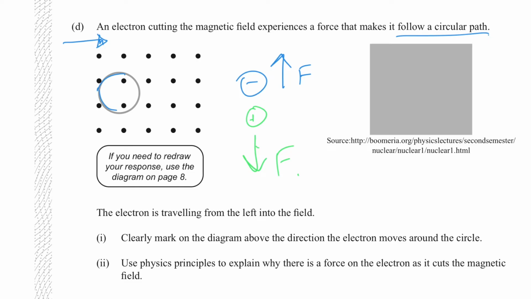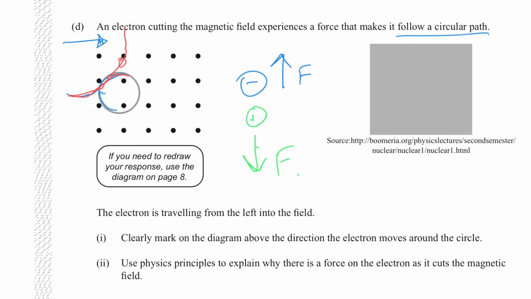So as it comes into the field from the left and experiences a force upwards, there's no way that it could go and follow this top path here. It couldn't do that, because if it experiences a force upwards, it's just going to keep going up and around that way.